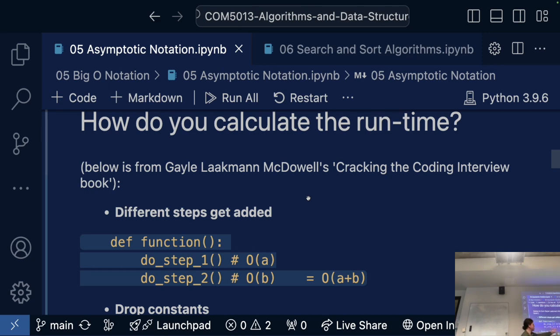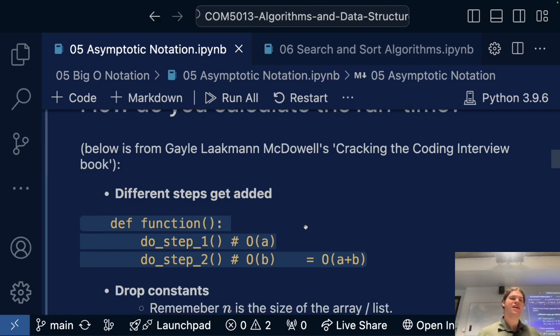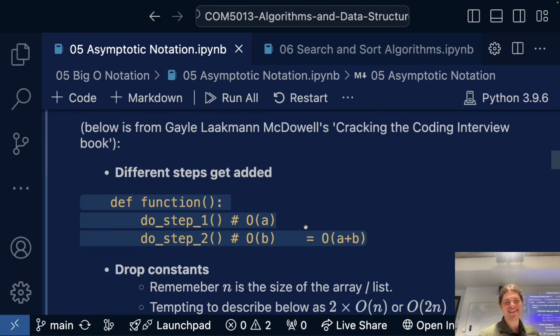So we could say the performance is O of A plus B, not O of A B, because that's A multiplied by B, but O of A plus B. The time it takes to do A plus the time it takes to do B. Okay, that's a very simple function. It gets a little bit more complicated than that, so let's move on.